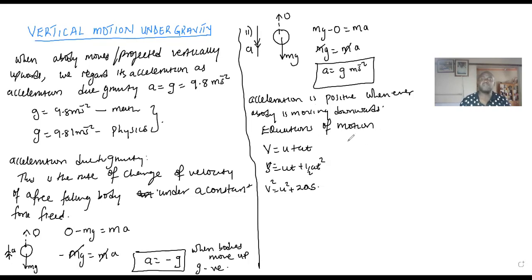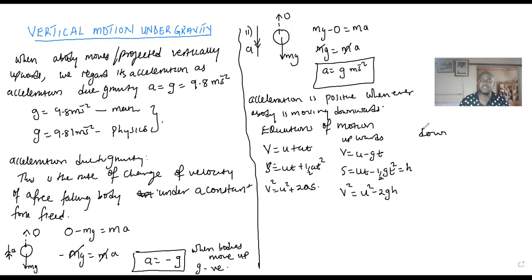So if I consider a body that is moving upwards, v is going to be equal to u minus gt. Where there is a, you put g. s is equal to ut minus a half gt squared, but normally this is called h, the distance moved upwards. Then v squared is equal to u squared minus 2gh.